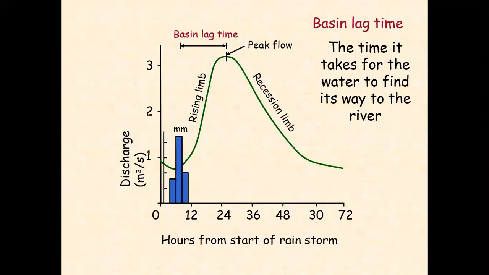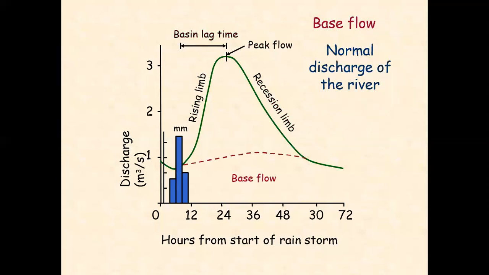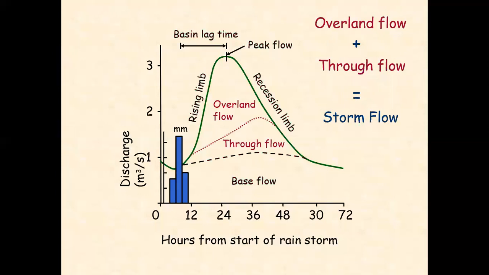Basin lag. It is the time interval between the center of a unit storm and the peak of the corresponding hydrograph. Normal discharge of the rivers. Overland flow plus through flow is equal to storm flow.